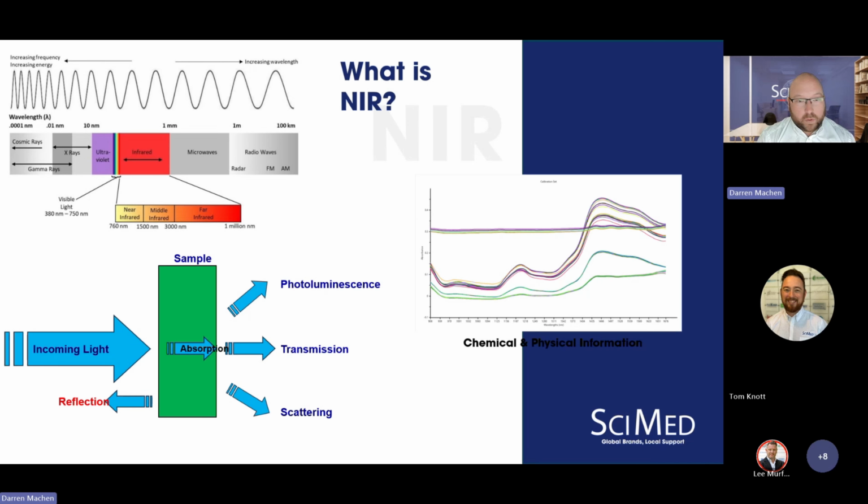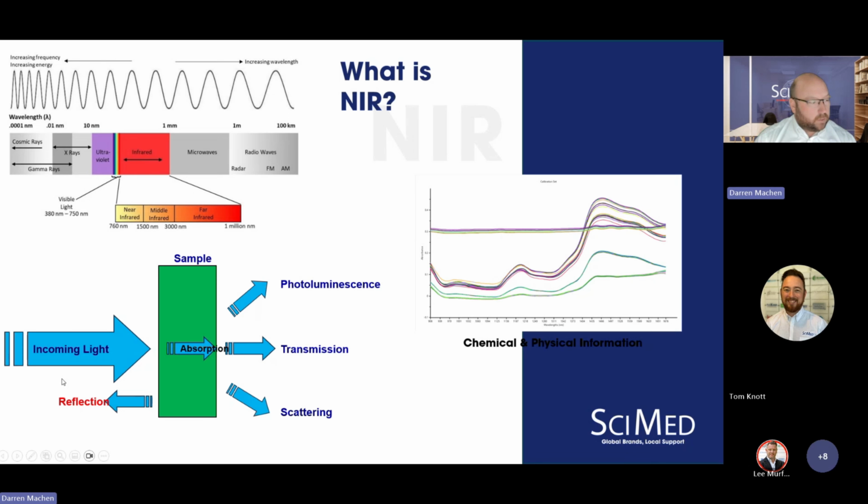What are we using the near infrared for? In the very basic form, we're using some form of illumination source. As Tom talked about using an X-ray tube, we are using just tungsten light bulbs. We are interrogating our sample, and there are various things we can do with that interrogation. We can look at how it transmits through the sample, how it scatters.